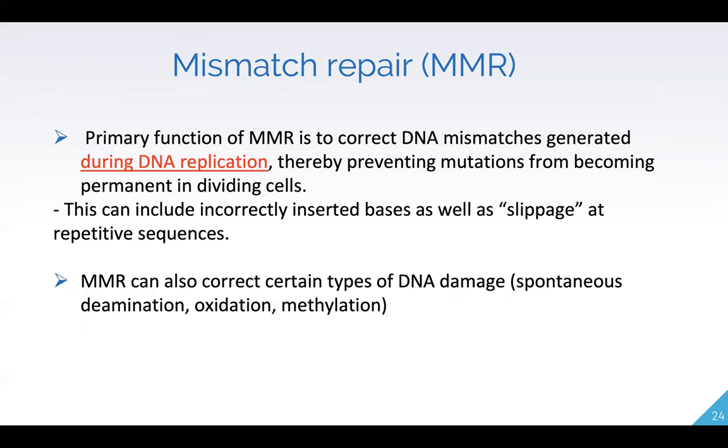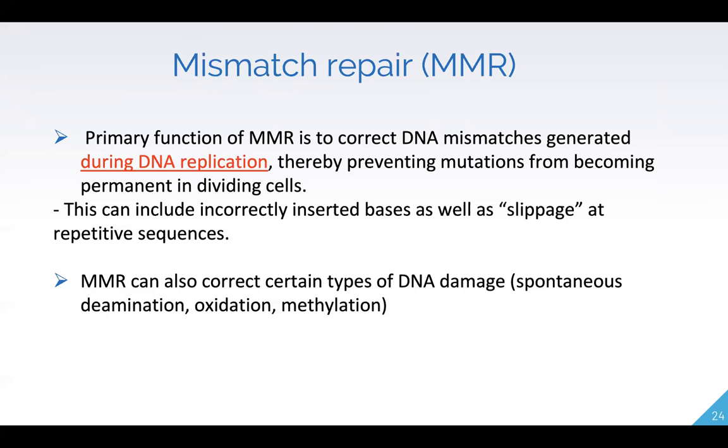They do make errors, and some of these errors could be in the shape of a mismatch, or slippage, or the addition of an extra base. They all will be recognized by the mismatch repair apparatus. And again, these happen spontaneously. You don't really have to have an environmental exposure in order to get a mismatch. This just happens normally during DNA replication.